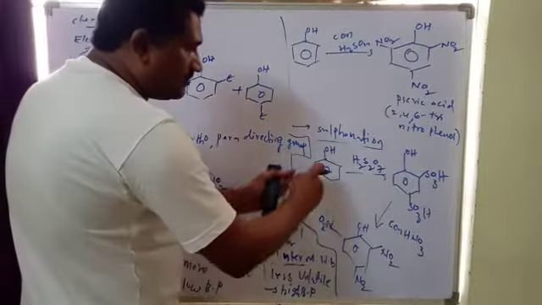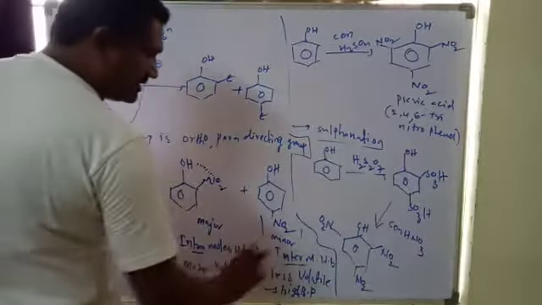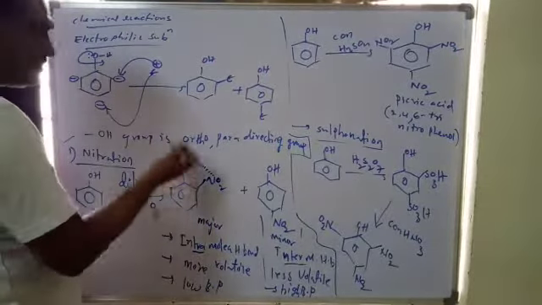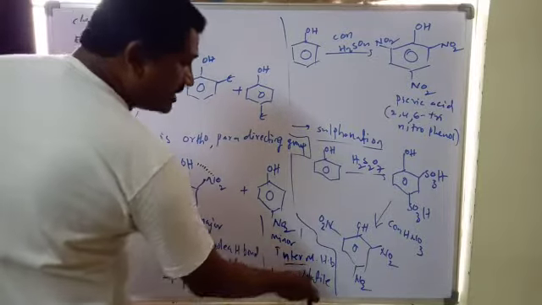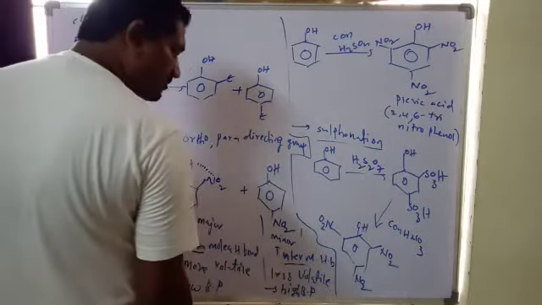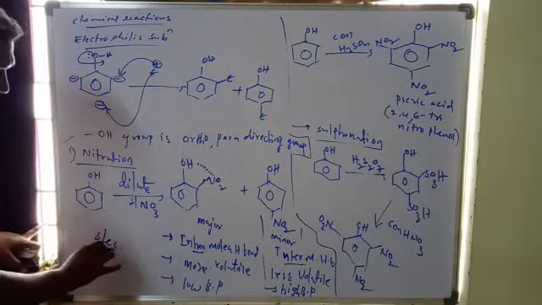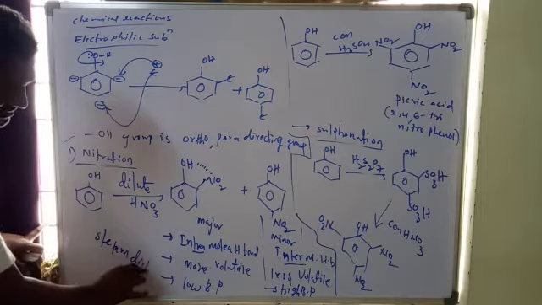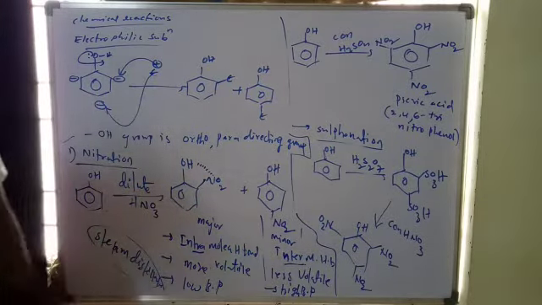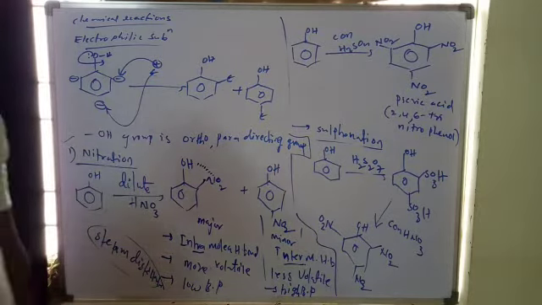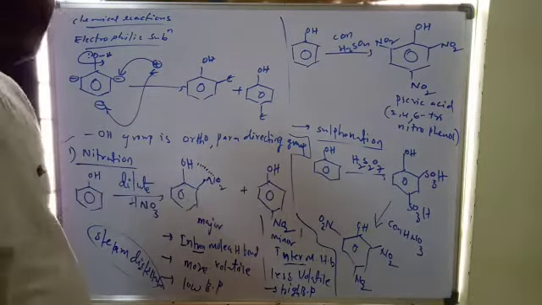The same type of molecules form intermolecular hydrogen bonds. So ortho is more volatile because it has a low boiling point, but para is less volatile because of its high boiling point. And these two can be separated by the steam distillation method, right? So these are formed when phenol reacts with dilute HNO3.